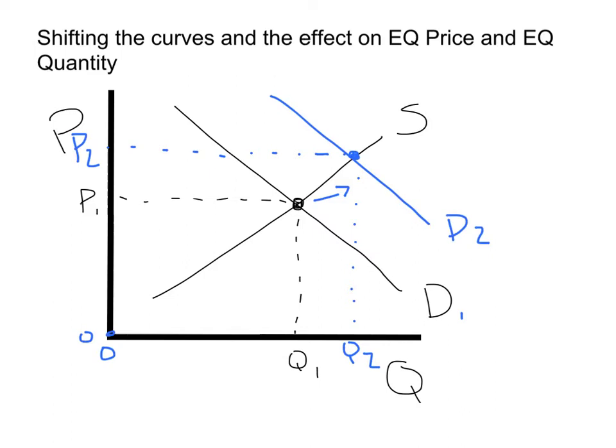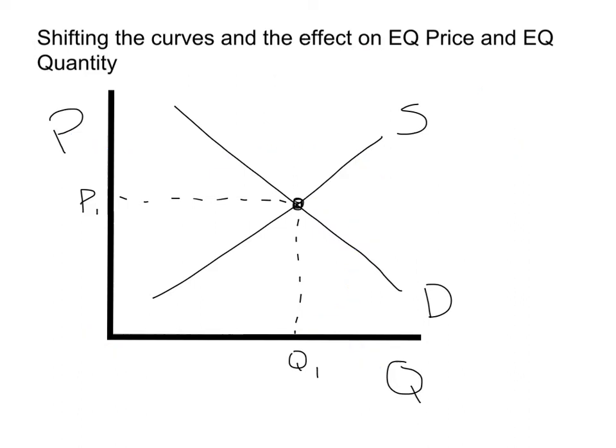So we notice that price has gone up, as well as quantity has also increased. So when demand increases, both price and quantity increase as well. Now if we decide to do the opposite, it's going to have the exact opposite effect.